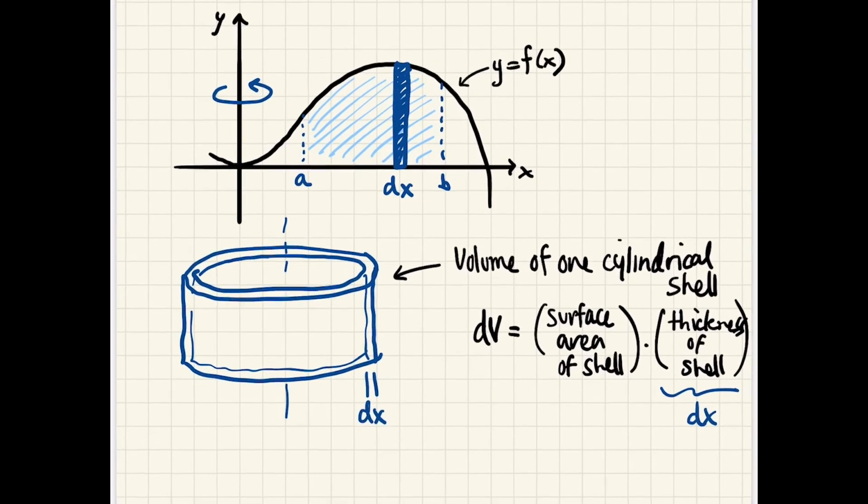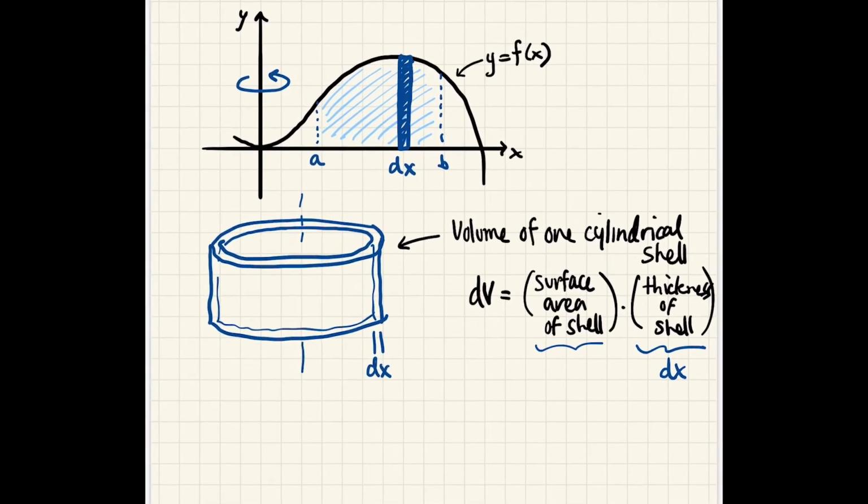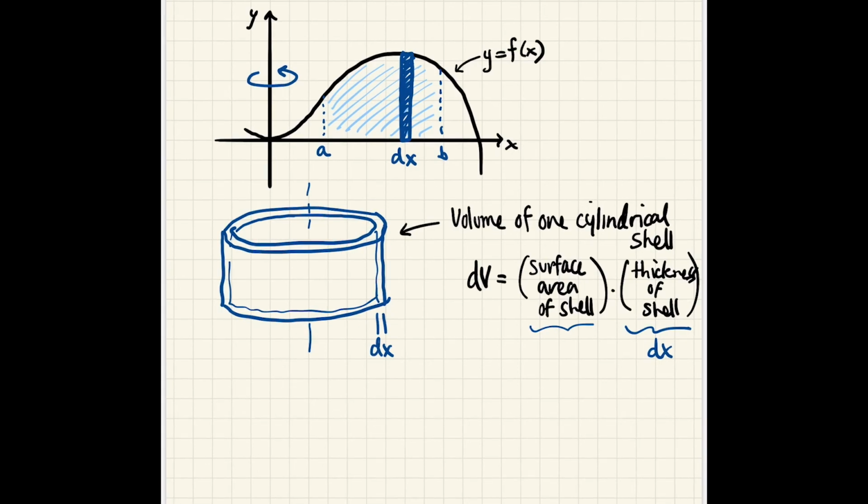But what is the surface area of that shell? Well, the surface area of the shell is the circumference of the shell times the height of the shell. That would give us the surface area of the shell. So what's the circumference?